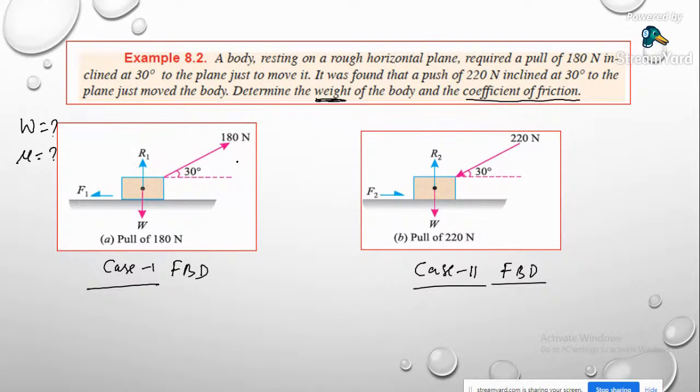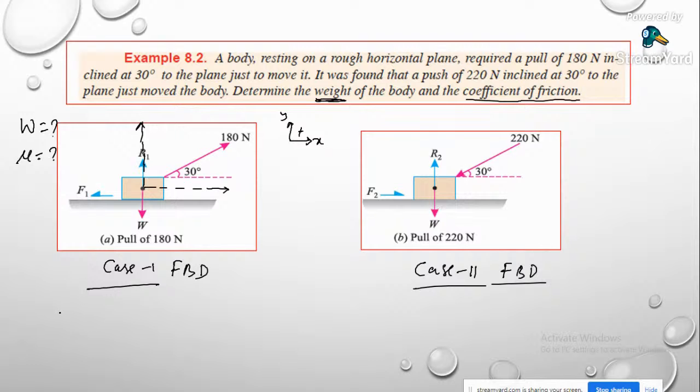So from this we need to find two equations, and after that we have to find the weight and mu. First observe case 1. This force is not along our reference axes, so first let us resolve this force into our x and y axes. Same thing, take positive x and positive y axis. This is my positive x.